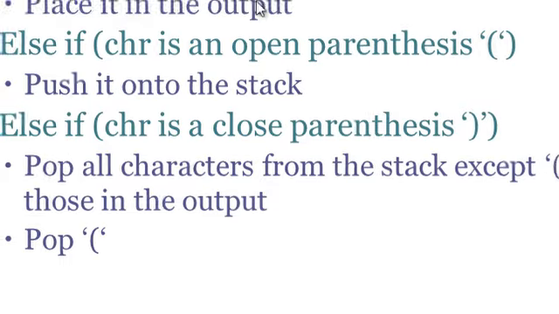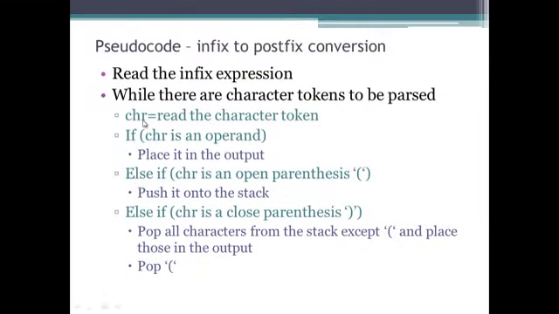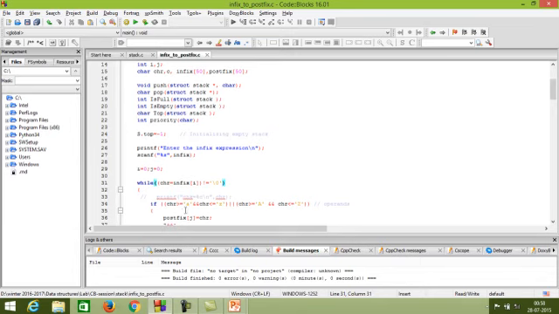So what do we do with the currently read character? If the character is an operand, you just place it in the output. Output is going to be my postfix, so I'm just placing it in the output. How do we check whether it is an operand? Operands will be variables, and alphabets A to Z can act as variables in the expression.